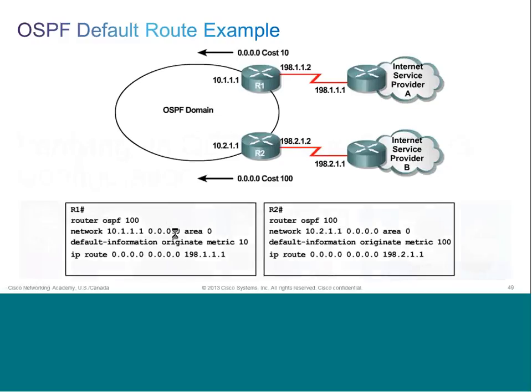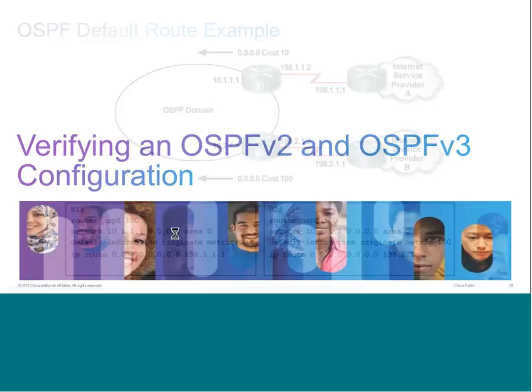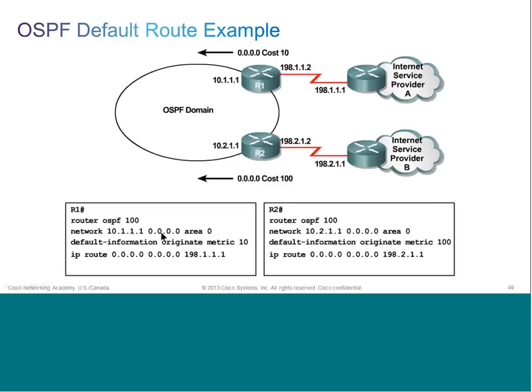So entering the network 10.1.1.1 0.0.0.0 area 0 on router 1 tells the router to enable the interface for the routing process. As a result, the OSPF version 2 process will advertise the network that is on this interface. So it'll actually look at the interface and advertise that network.